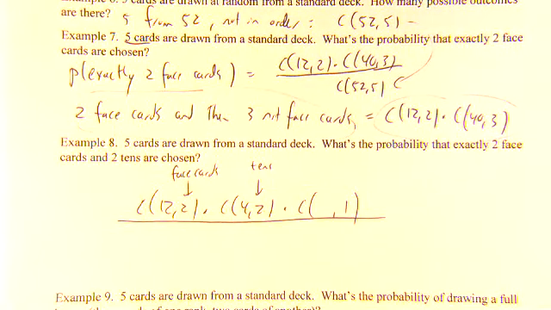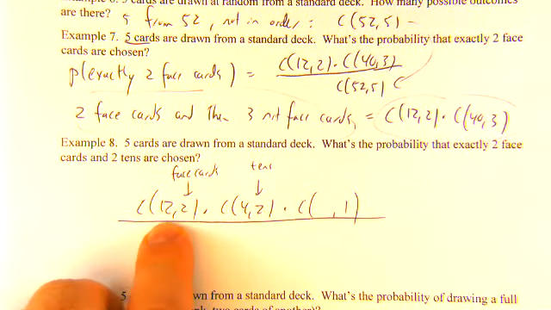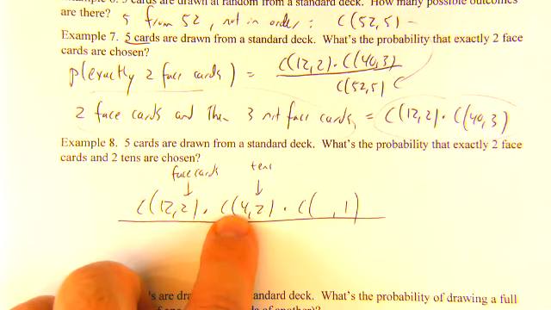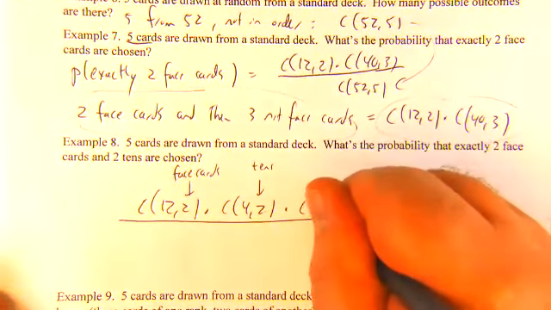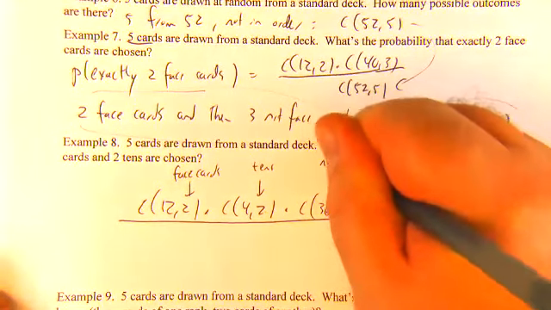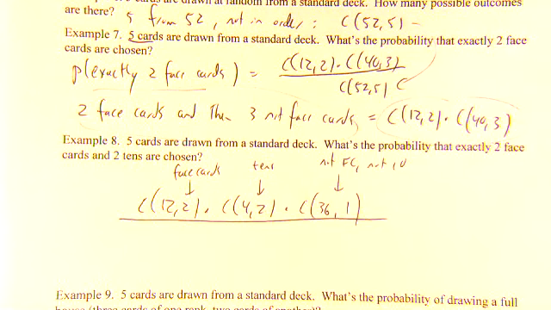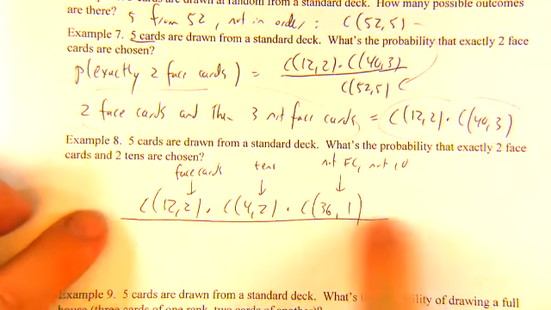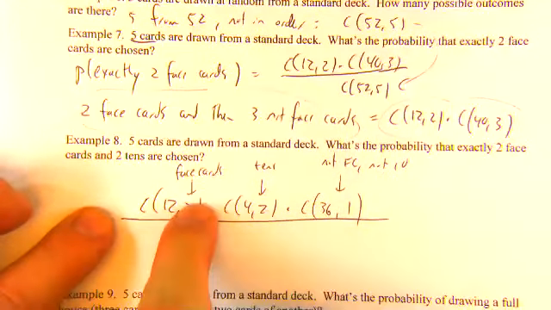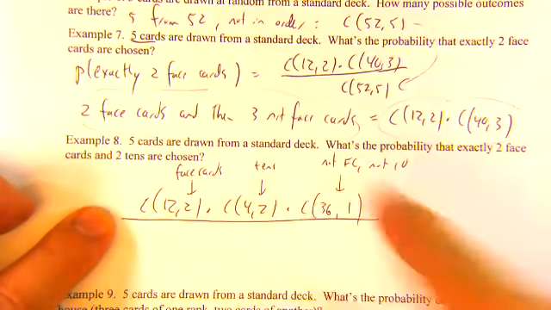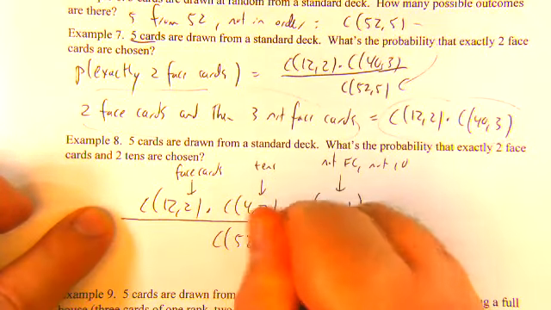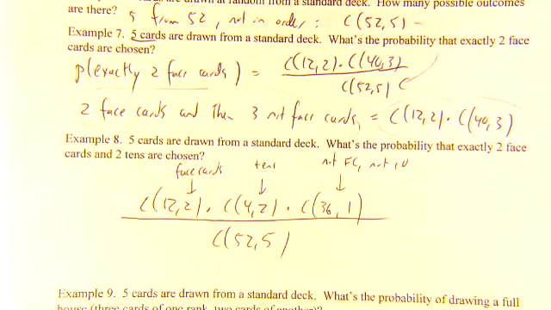How many cards are left? Well, there's 52 cards total, 12 face cards, that takes me down to 40, minus 4 more 10s, that takes me down to 36. So a card that's not a face card, not a 10. So that's the number of ways to get 2 face cards, 2 10s, and some other card, divided by the total number of outcomes to get the probability of getting exactly 2 face cards and 2 10s.